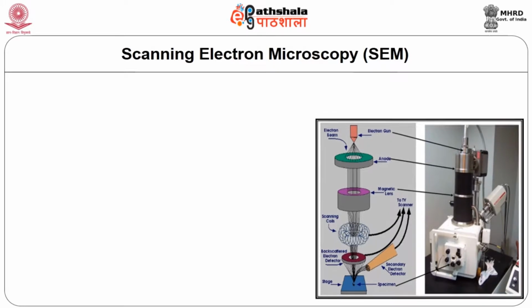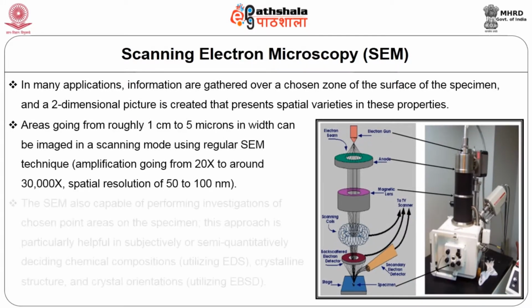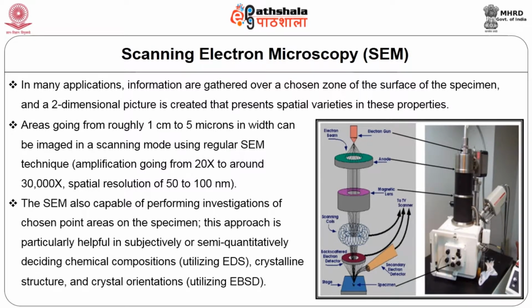In many applications, information is gathered over a chosen zone of the surface of the specimen and a two-dimensional picture is created that clearly presents the spatial variations in these properties. Areas ranging from roughly 1 cm to 5 microns in width can be imaged in a scanning mode using the regular SEM technique.